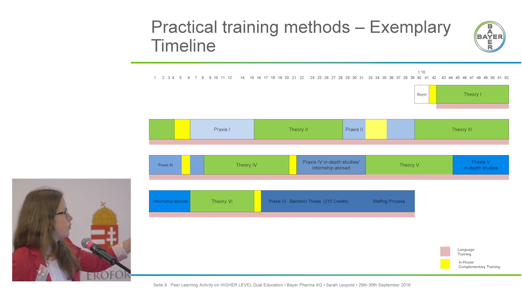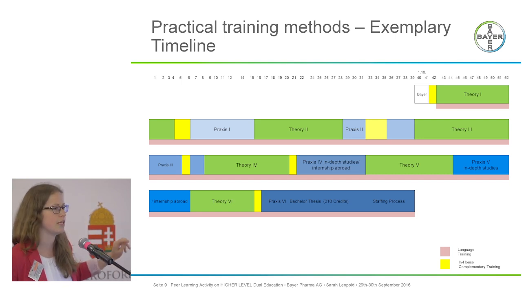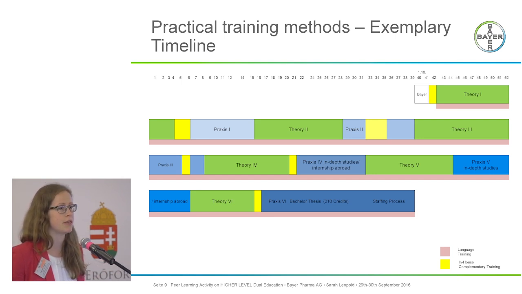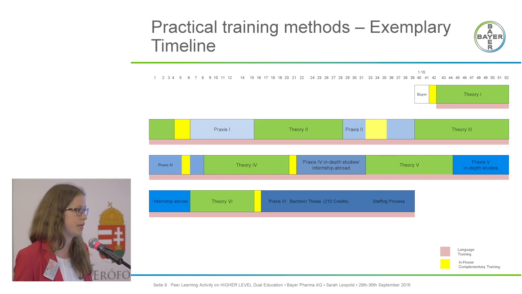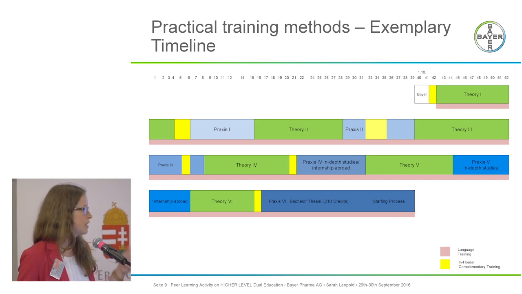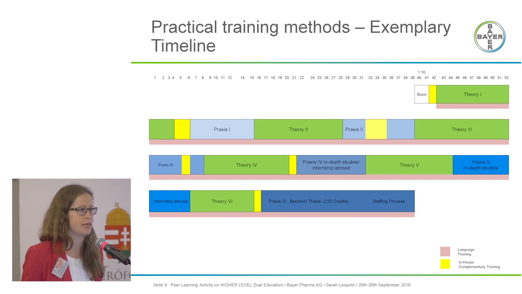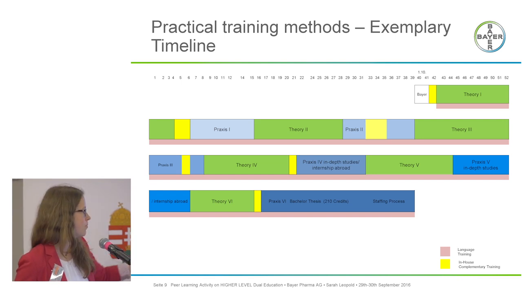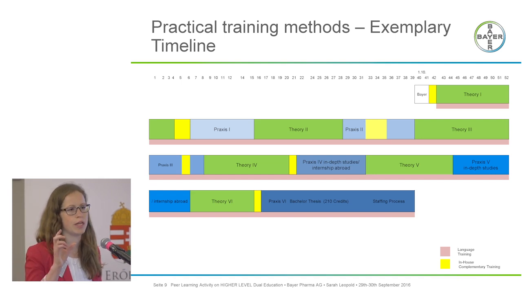We always have the change between green, which is theory, and blue, which is praxis. I don't know if you can see it, but sometimes there are yellow spots in between, which are extra slots for trainings, where we do the IT trainings or the pharmaceutical trainings, and we put them after about each semester. We do a certain training block.